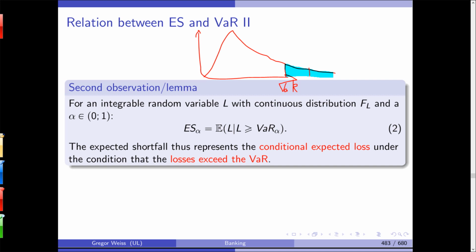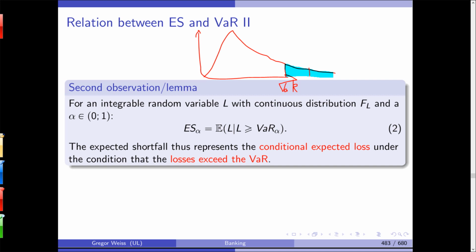It doesn't tell you anything about how severe the losses are that are beyond VaR. Expected shortfall is an average of those losses. So expected shortfall will tell you something about tail risk, extreme risk in the outer tail of the distribution.